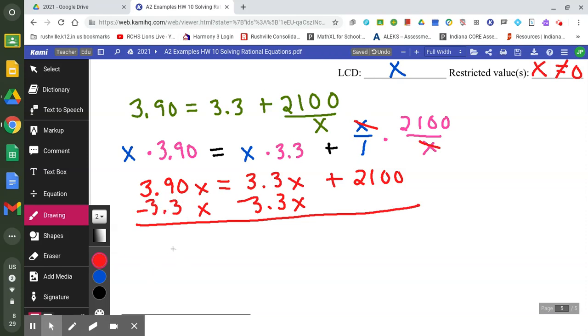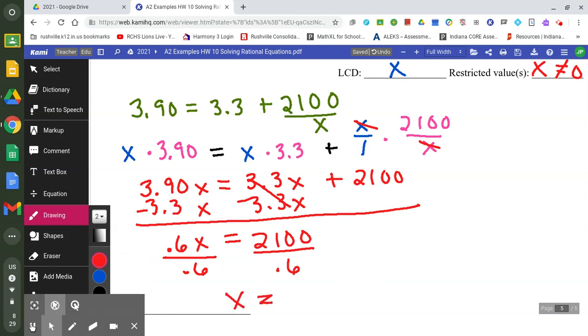So this is going to give me 0.6x equals 2,100. And then I'm going to divide by 0.6, divide by 0.6. And so x will equal 3,500.